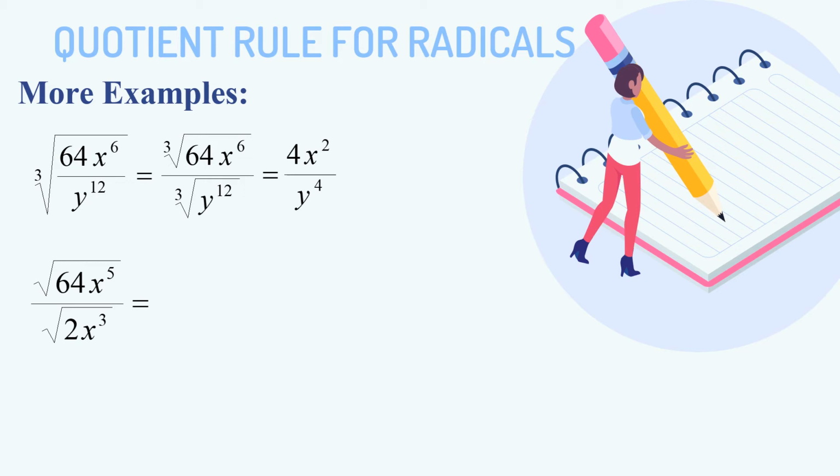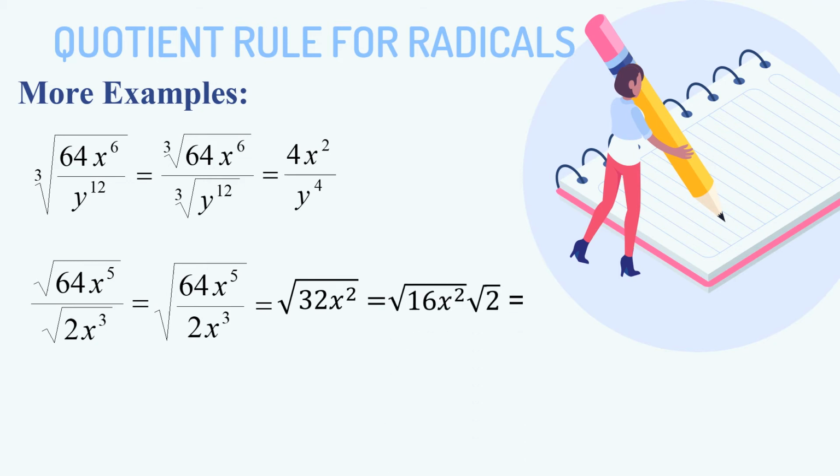We have in here the right side of the property, and we can go to the left side, and we can get only one radical. So this becomes the square root of 64x to the 5th power over 2x to the 3rd power. Then 64 is divisible by 2, and it would be 32, and x to the 5th power over x to the cubed power, we can copy the base and subtract the exponents. So this becomes the square root of 32x to the 2nd power.